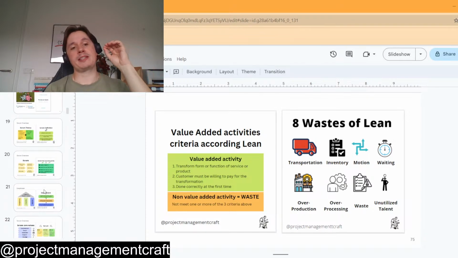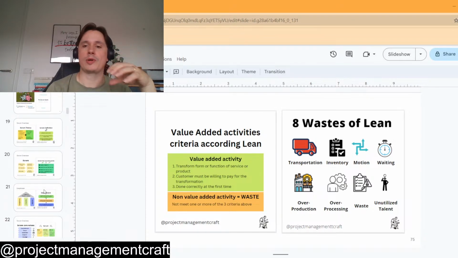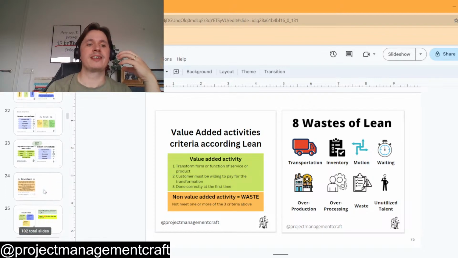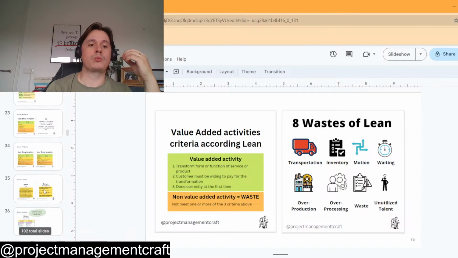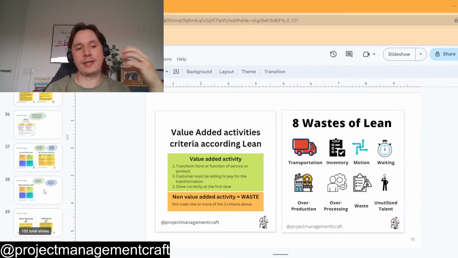There's what's called the touching time to execute a task, which is of course the value added activity that you're doing, and what's called the waiting time.